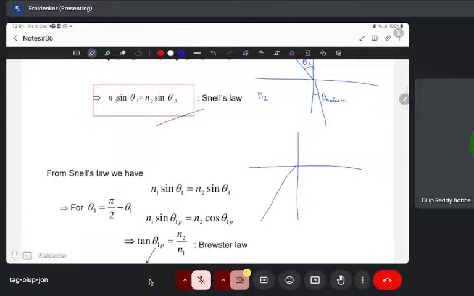It's like you're in some medium. What kind of a medium? If you're in some denser medium, and if this is some rarer medium, then this will happen. This is some theta incident. This is some theta.